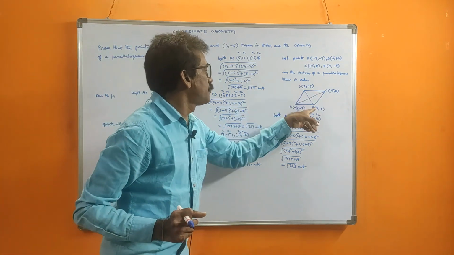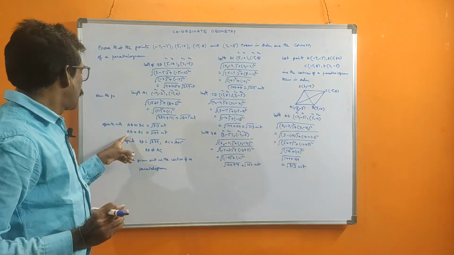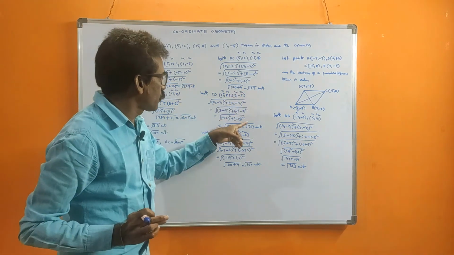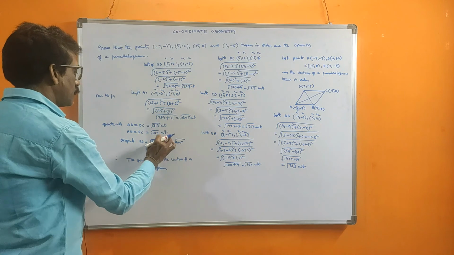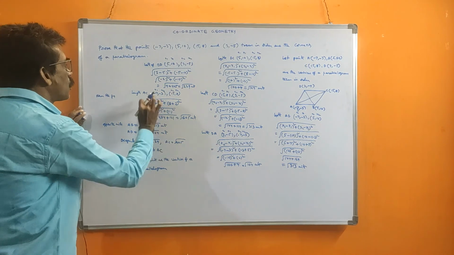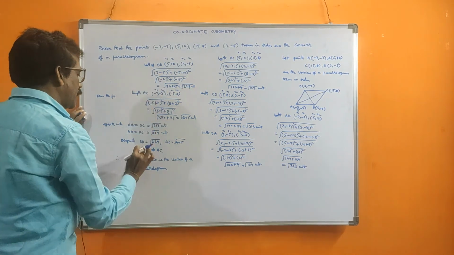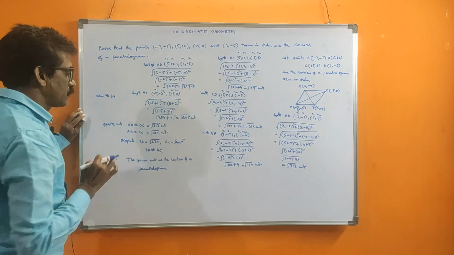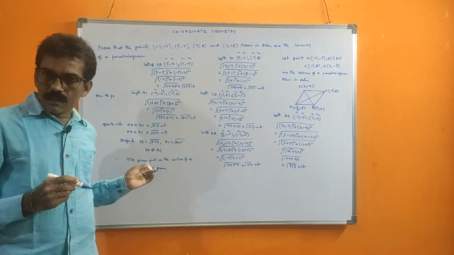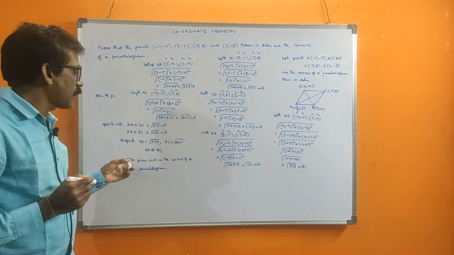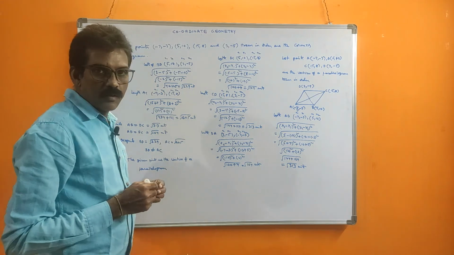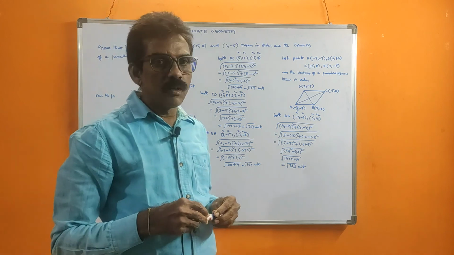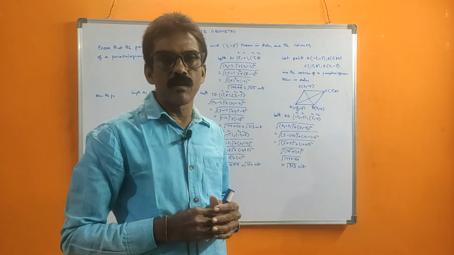Next AD, BC are opposite sides, root 104, same. Now BD is one diagonal, AC is one diagonal, both are different. That's why these conditions belong to a parallelogram. So that's why these points are the vertices of a parallelogram.